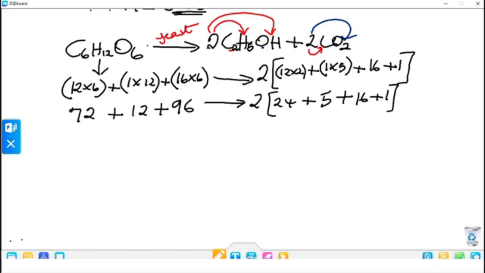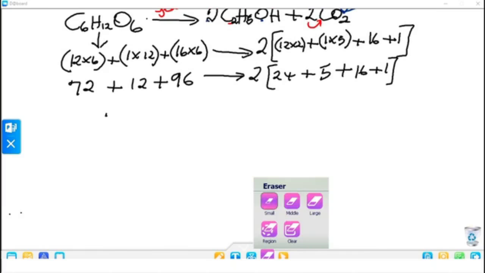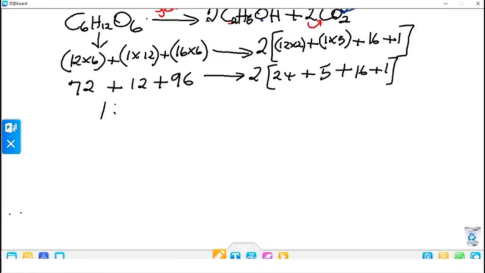So we have the summation 72 plus 12 plus 96. What will that give to us? It gives us a total of 180. So we have a total of 180.